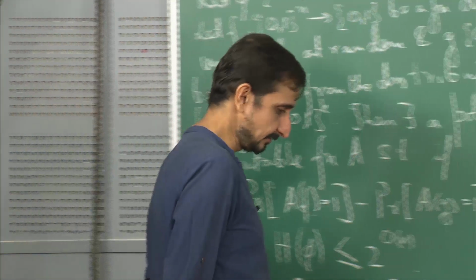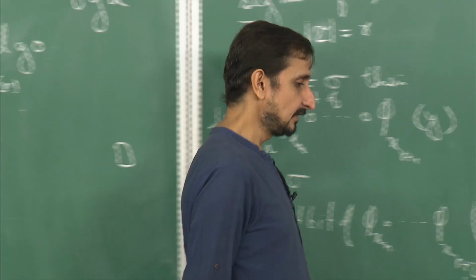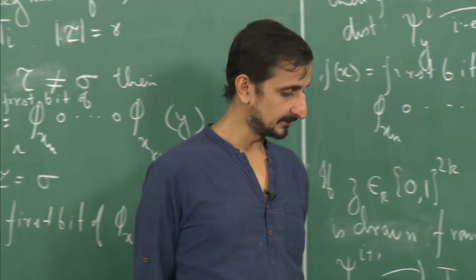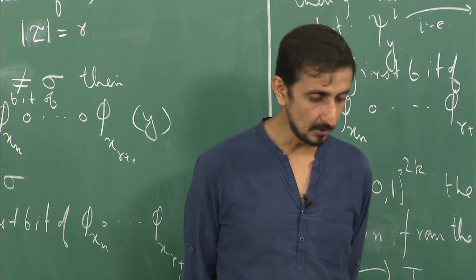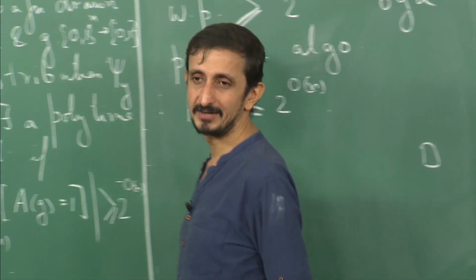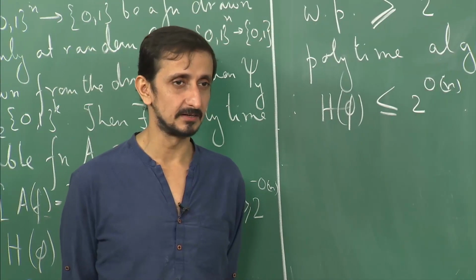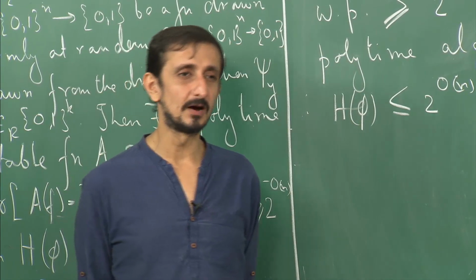Okay, so just to give a quick recap of whatever we have seen in this course. We started off with lower bounds on circuit size. Essentially we saw Shannon's lower bound, that is there are a large number of circuits which have circuit size at least 2 to the power n by n.